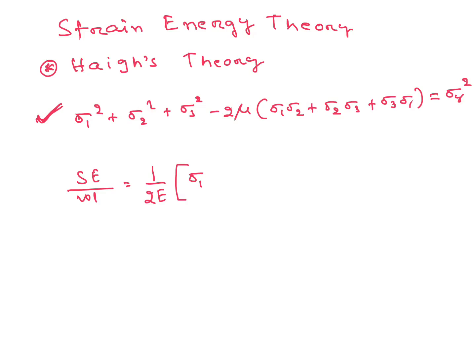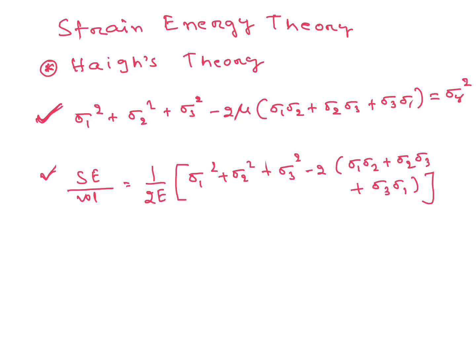You just remember these two: sigma 1 square plus sigma 2 square plus sigma 3 square minus 2 mu into sigma 1 sigma 2 plus sigma 2 sigma 3 plus sigma 3 sigma 1. Here mu is there, I forgot to write this one.